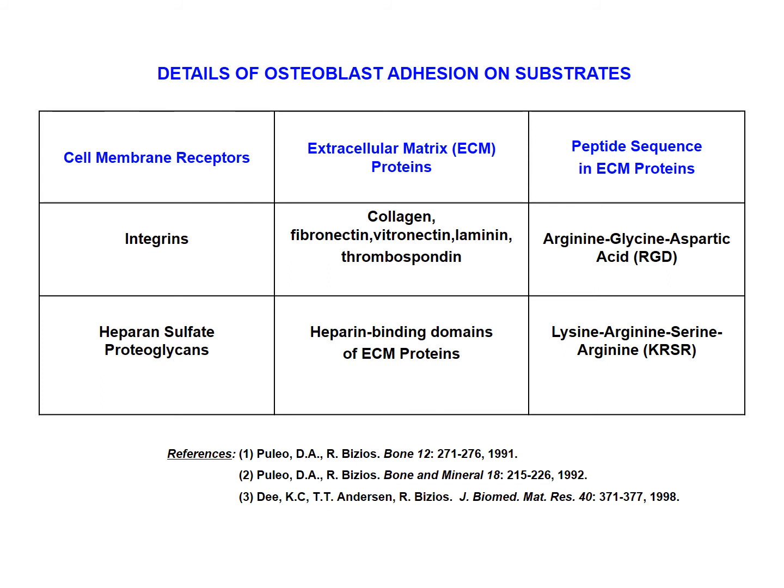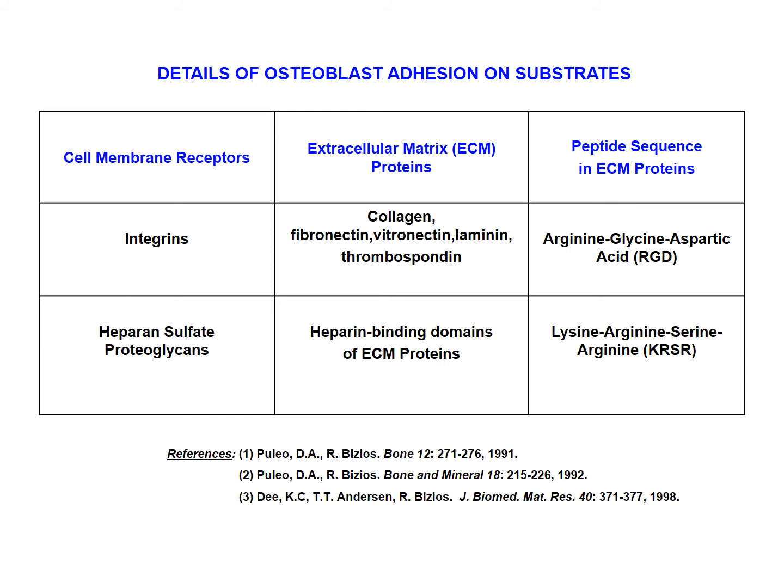This particular mechanism was elucidated by Dave Puleo, another student who completed his doctoral thesis in my laboratory. This mechanism, which involves integrin receptors recognizing the RGD domains, accounted for approximately 45 to 50% of the adhesive mechanism of osteoblasts.